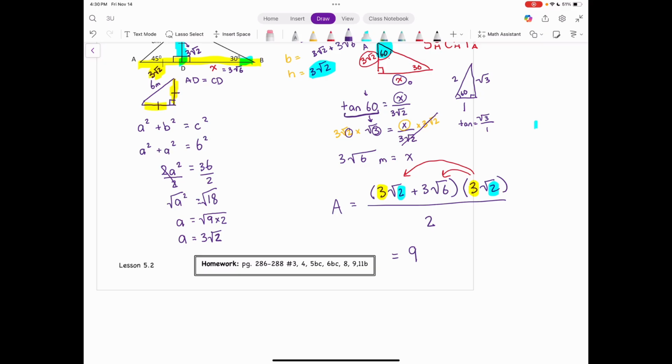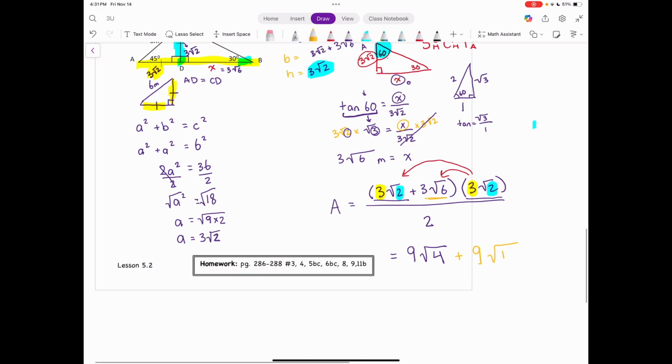And inside of our radical, we're going to get 2 times 2, which is 4. Now let's do the same thing with the 3 times the square root of 6. So this term here, we multiply 3 times 3, which is 9. And then inside of our radicand, it will be 6 times 2, which is 12.